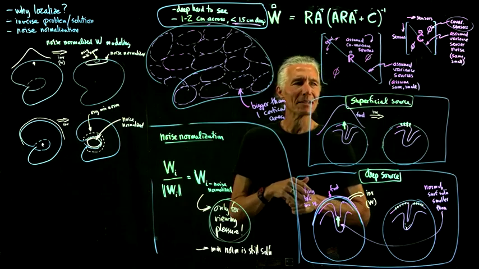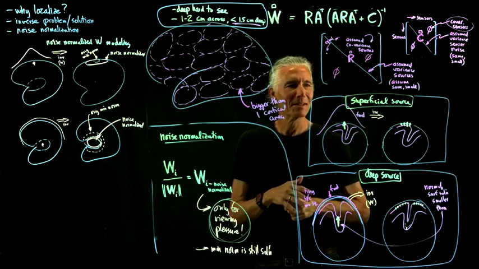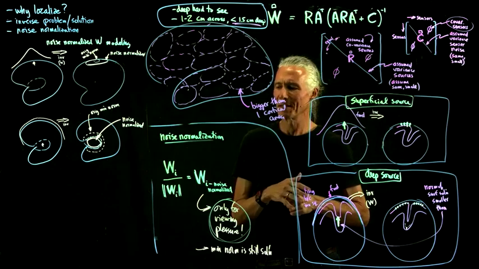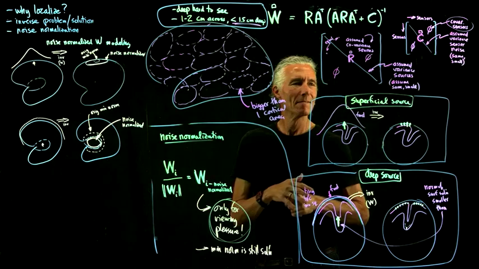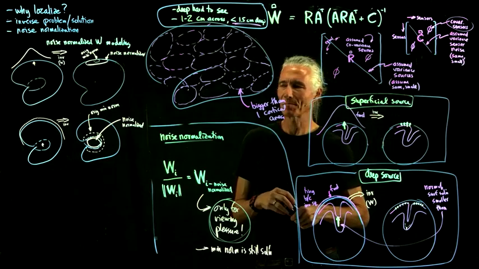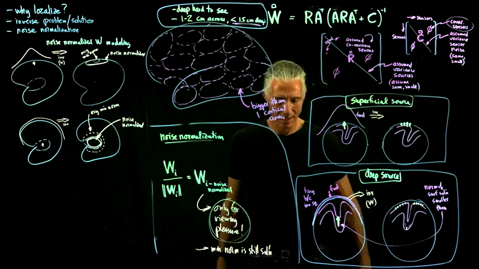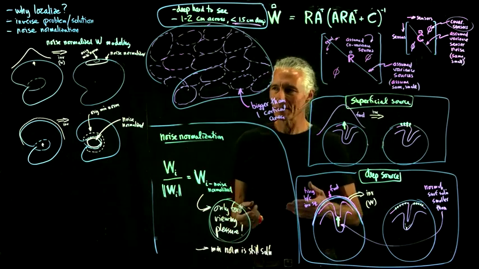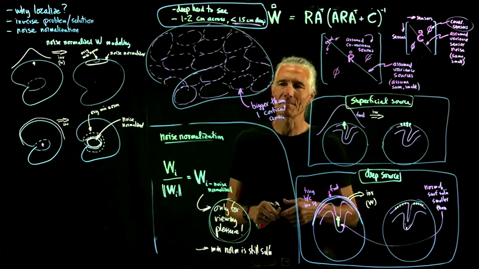Okay. So any questions about the inverse? It's the minimum norm inverse. Or any questions that go back to the forward solution? How we calculate the forward solution, basically, is an inverse square kind of thing.